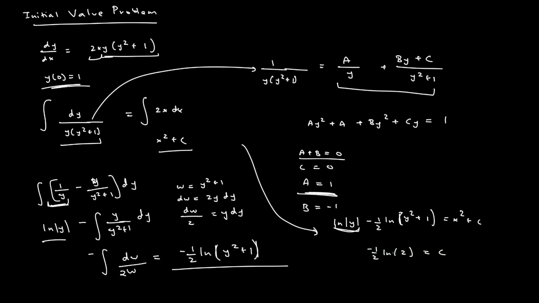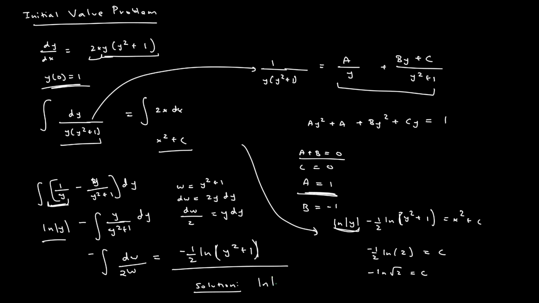So therefore if we take the square root inside, we get -ln of root 2 is equal to c. And so finally, our solution to the initial value problem, and we're not going to explicitly solve for y, we're going to keep it an implicit solution.